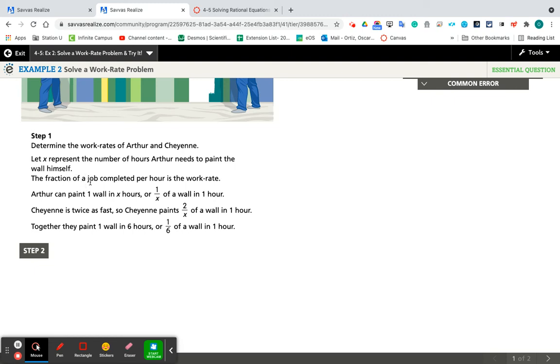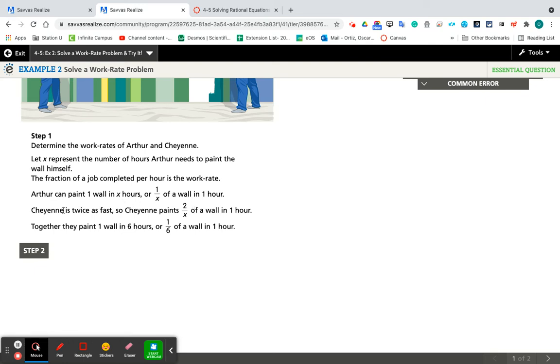The fraction of a job completed per hour is the work rate. So in 1 hour, he can paint 1 over x of the wall.